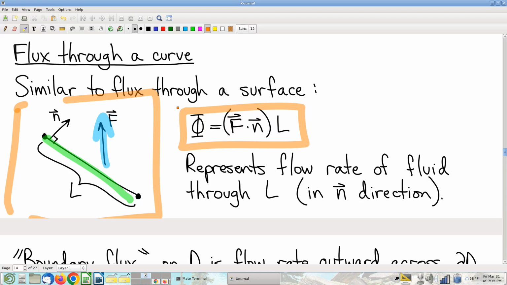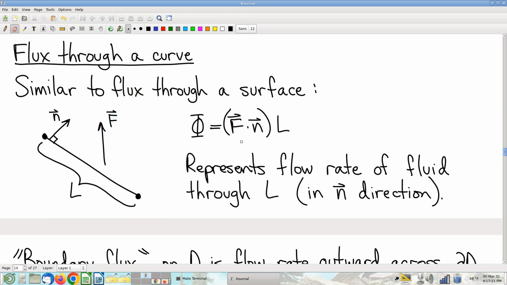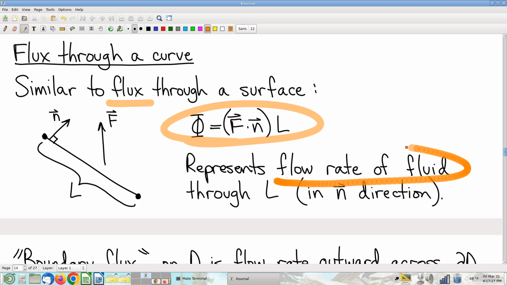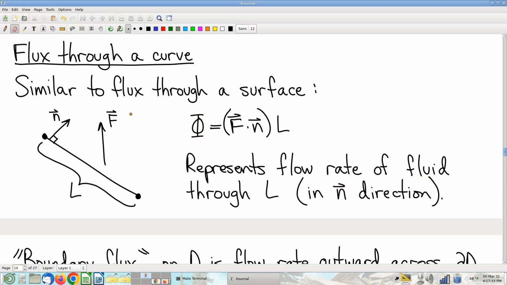But it's a nice little challenge exercise. If you get stuck, of course, you can come to office hours. I'll be happy to walk you through it. The punchline is, this is what we call flux, and it computes the rate of flow of fluid through the line.